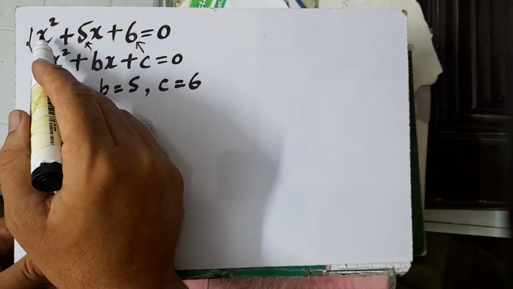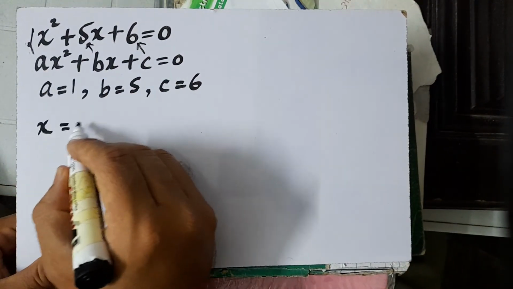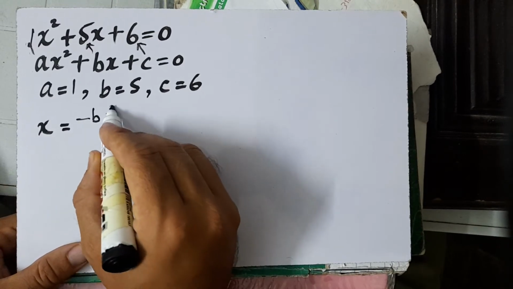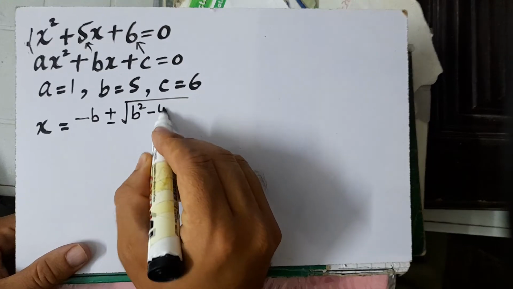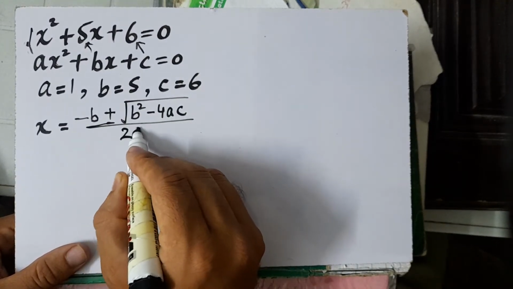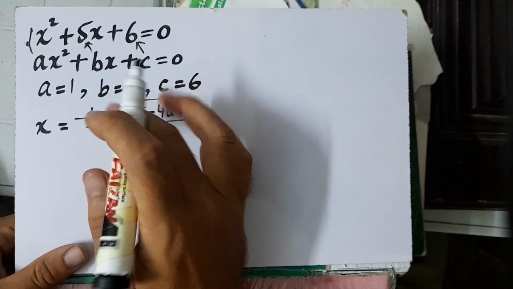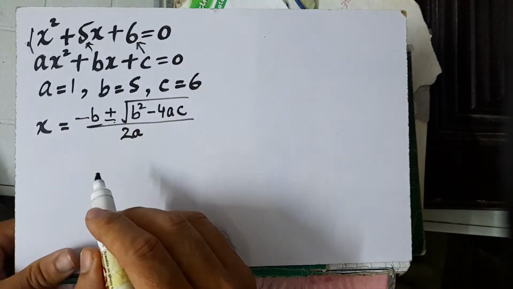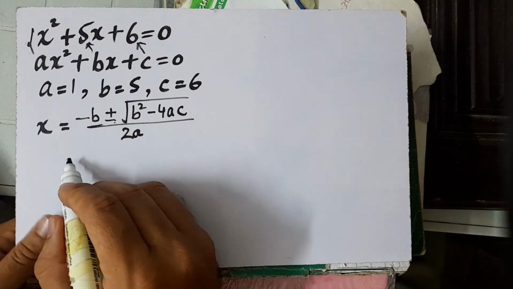Now since x is our variable, the quadratic formula will be x is equal to minus b plus minus the square root of b squared minus 4ac, divided by 2a. Now we need to plug in the values. Just replace all the a, b, c with their values.